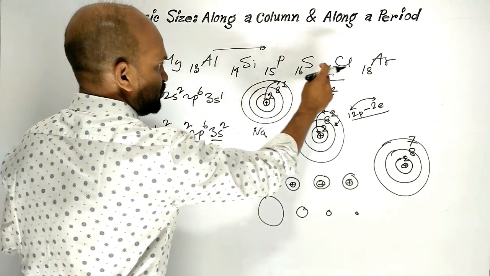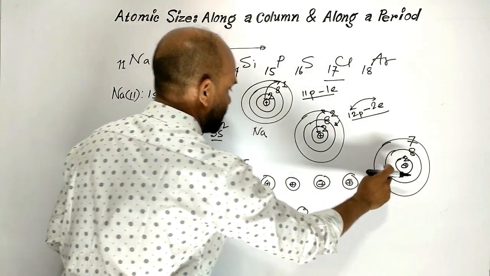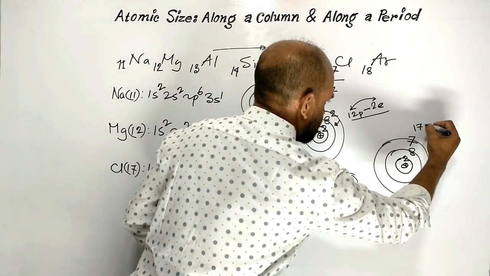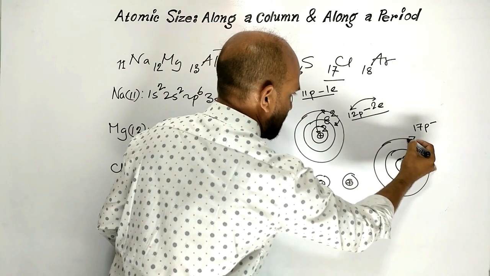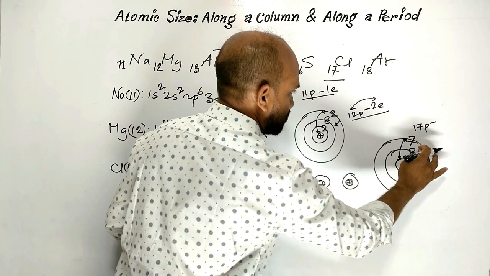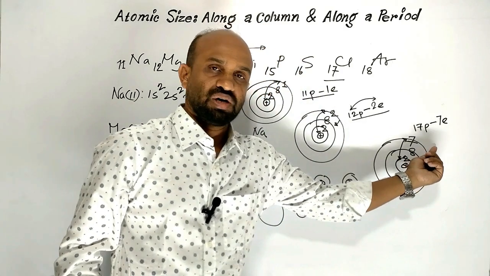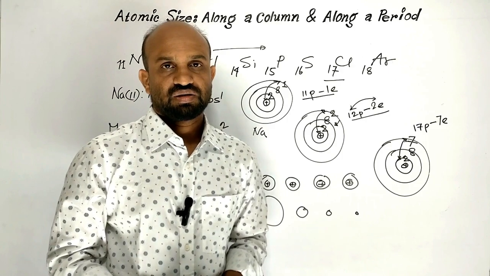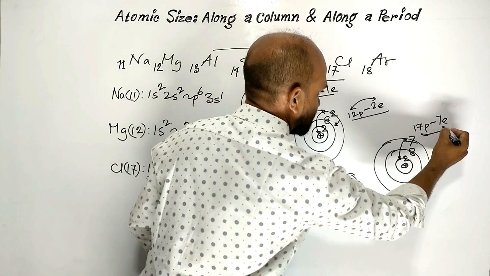Similarly, if we go to chlorine, we see the atomic number of chlorine is 17. So here 17 protons attract the outermost shell electrons. In case of chlorine, the outermost shell contains 7 electrons. So here the attraction between 17 protons and 7 electrons is higher.